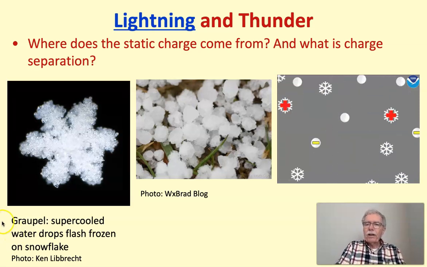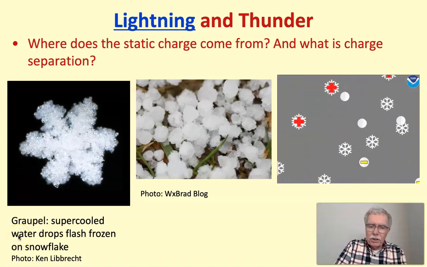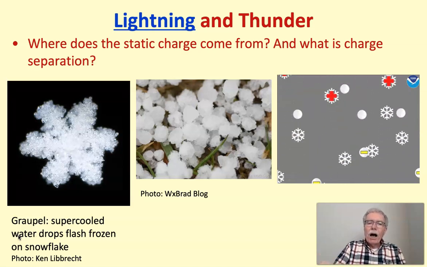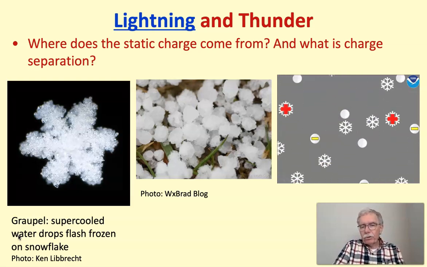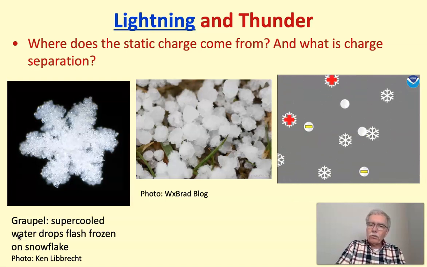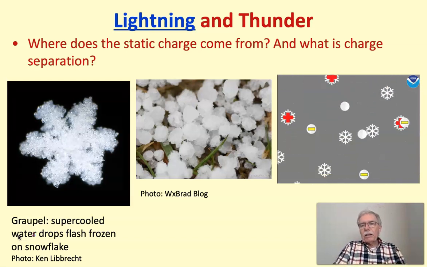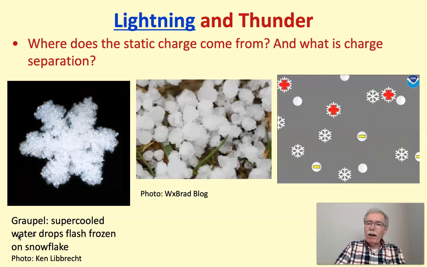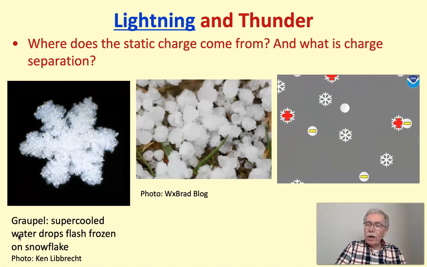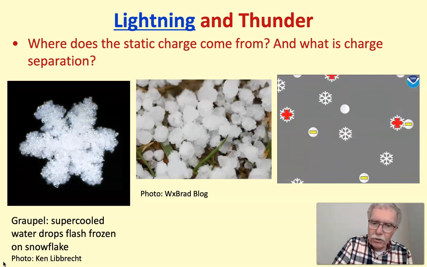And you can see this in the little GIF graphic on the right, as there are collisions between the graupel going up and the sleet particles or ice balls coming down, and the ice balls strip electrons off the graupel. And so the ice balls carry negative charge down. Meanwhile, the graupel carries positive charge upwards, and you get what is called charge separation.